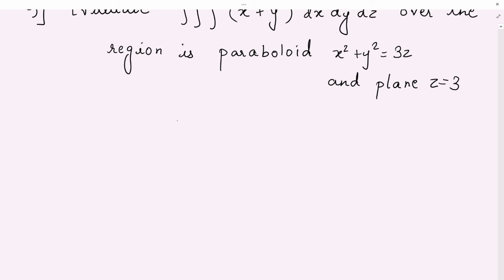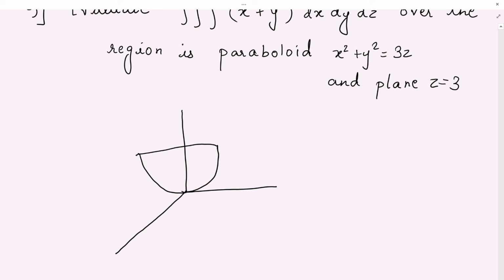Okay, so if I imagine, no need to draw the diagram again, find the values of z. You know that z is equal to 3 is a plane that will be parallel, so it will come above. So this will be something like a parabola. So x square plus y square is equal to 3z. Okay, and then you take this plane.